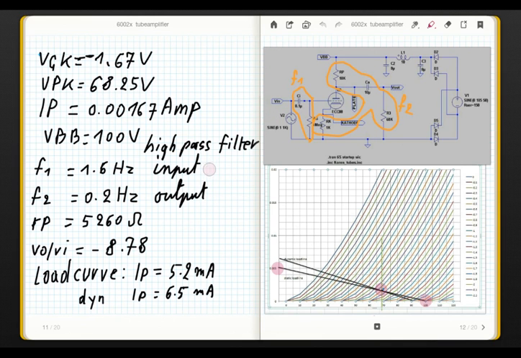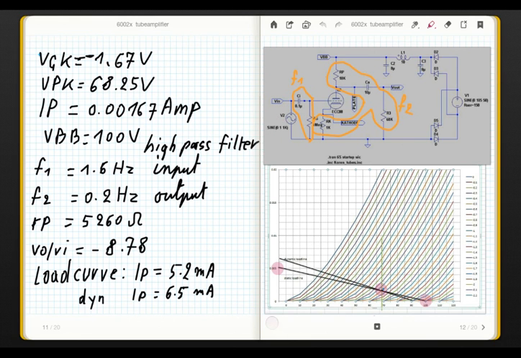So if we calculate the minus 3 dB breakpoint frequency, we have for the input 1.6 Hz and 0.2 Hz, so this is well below the 20 Hz of our audio signal we want to use.